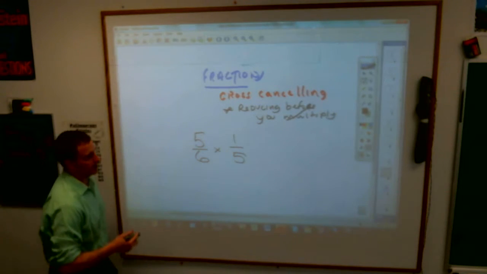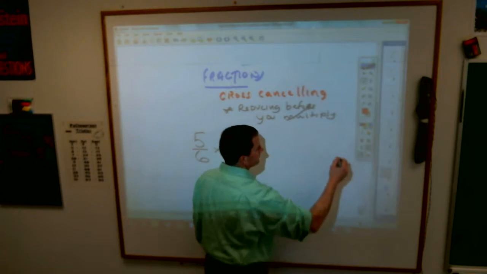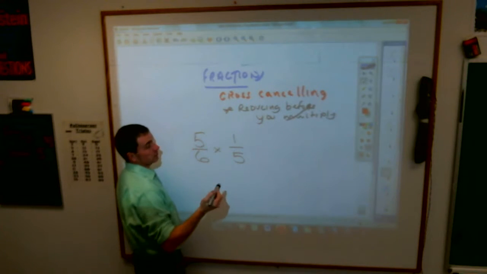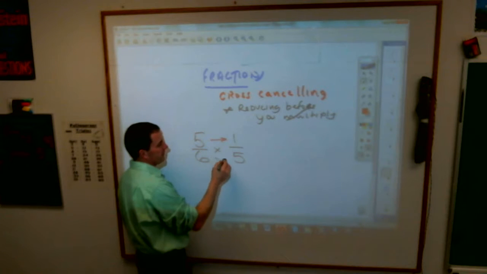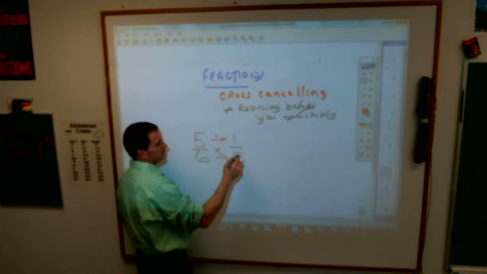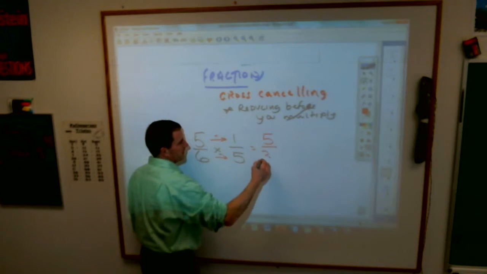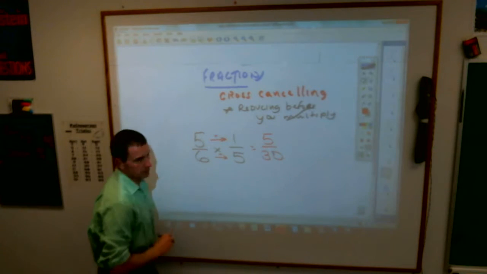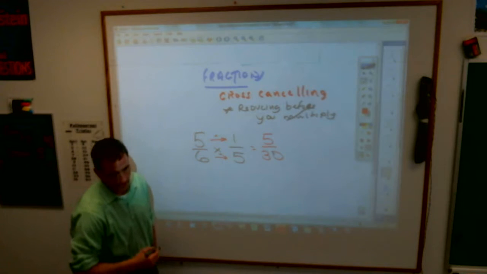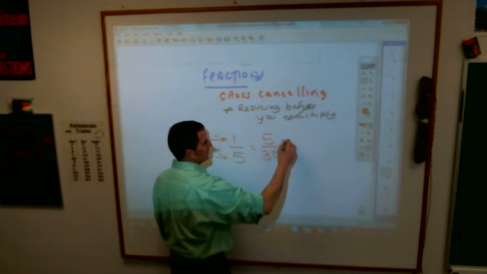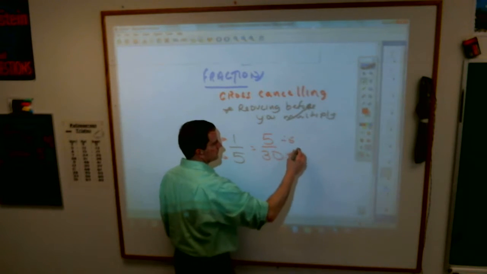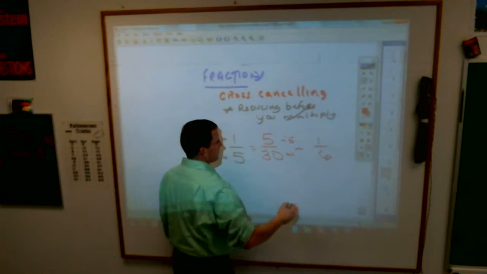Well, let's actually do this problem out. Sometimes cross-canceling saves you a lot of time, sometimes it's just a little. If I multiply this out, I end up with 5 over 30. Then I have to reduce. What number goes into both 5 and 30? 5. So I divide top and bottom by 5, and I end up with 1/6.